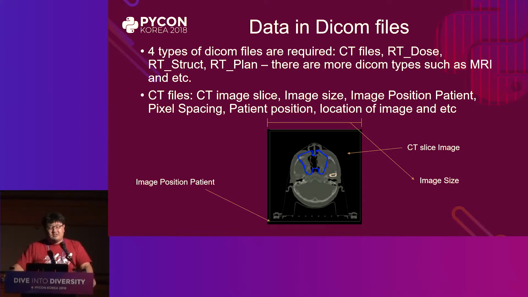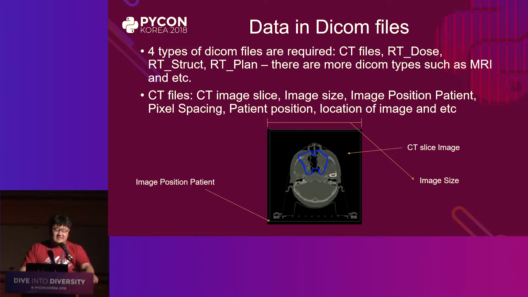The second one is the RT dose that we previously saw, which contains the information of the radiation dose in the patient body. The third one is the RT struct, which contains the information of the human organs in contouring format. And the last one is the RT plan, which defines how we are going to irradiate the patient, and this is one of the most important data for the calculation.